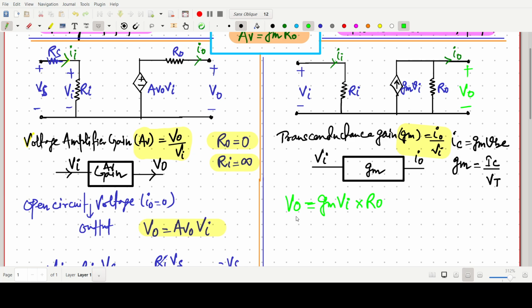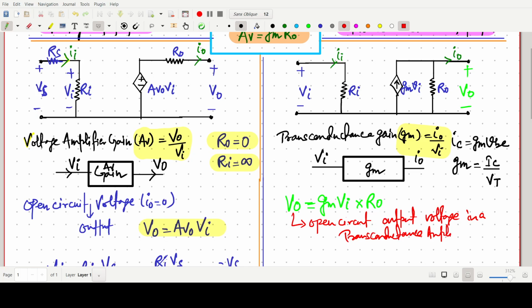So the open circuit output voltage in a transconductance amplifier is simply GmVi, this current, into R naught. So this one is the equivalent diagram.